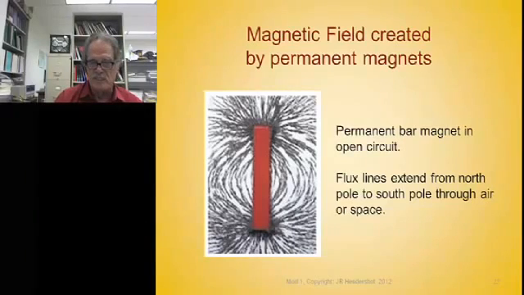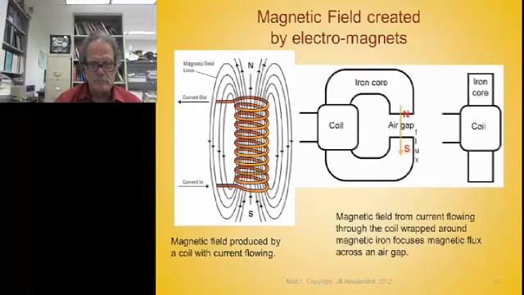This force field is what happens in the air gap between the rotor and the stator, and that's where this conversion of energy takes place, through those lines of flux from the magnetic field in that air gap.